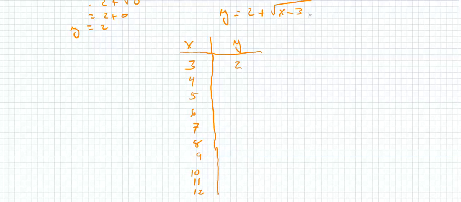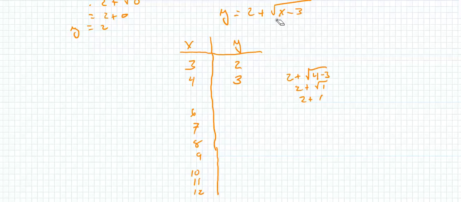Now, 4 minus 3 is 1. So 4, it's 2 plus square root of 4 minus 3 is 2 plus square root of 1. 2 plus 1, we get 3. If I put in 5, 5 minus 3 is 2. I don't know the square root of 2. If I put in 6, 6 minus 3 is 3.